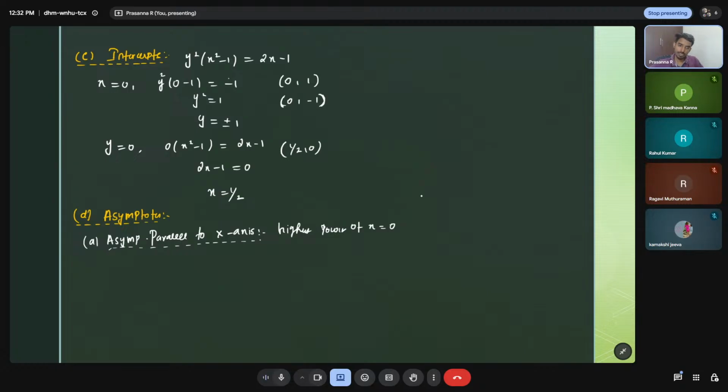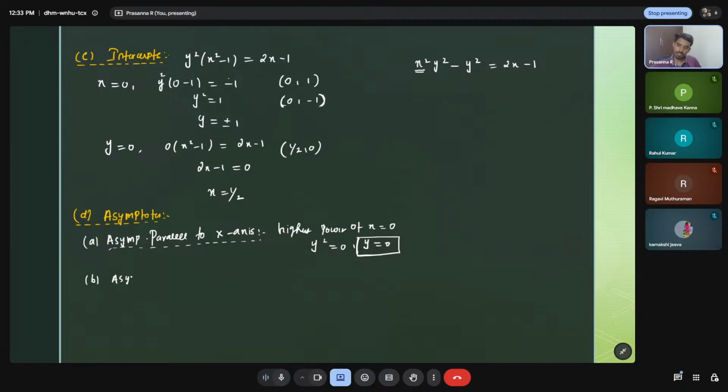The equation is x square y square minus y square is equal to 2x minus 1. So the highest power of x is x square, right? So equate highest power of x to 0. So we have y square is 0, so y is 0. This is the asymptote parallel to x-axis.